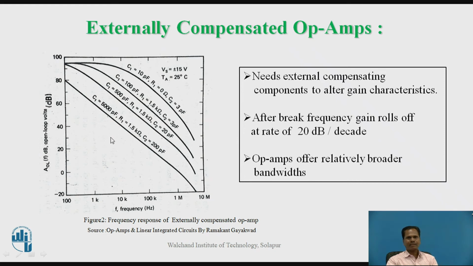For every frequency response curve, after the break frequency, the voltage gain decreases at a constant rate of 20 dB per decade due to the external compensating network. And the externally compensated operational amplifier provides relatively broader open loop bandwidth as compared to the internally compensated operational amplifier frequency response.